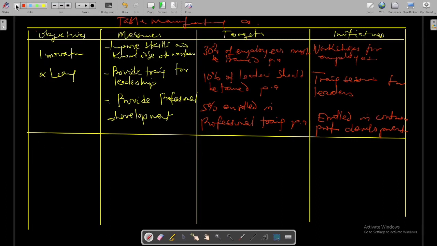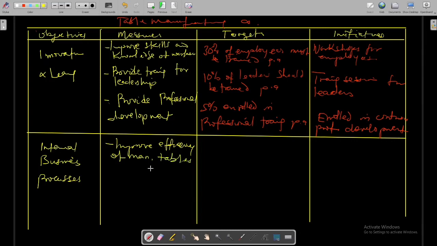Let's do the last one, which is internal business processes. Here we want to improve efficiency of the manufacturing of the tables, so that we don't have a lot of wastage, we don't have a lot of stoppages, and we don't have a lot of idle time.